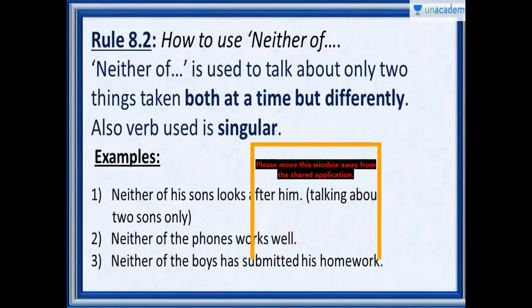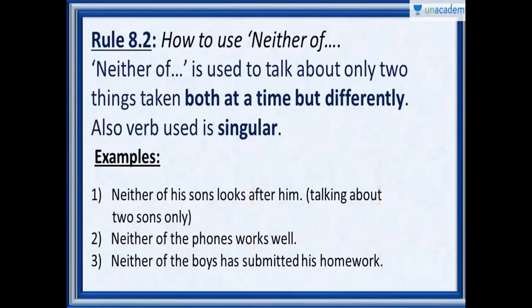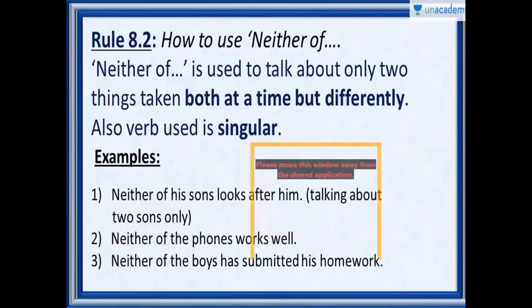But here, when you have 'either of', 'neither of', not 'either or', 'neither nor', the 'either or', 'neither nor' rule is different, whereas this rule is different. Always the verb will be singular. Even though the subject is plural, the verb will be singular only. Okay.